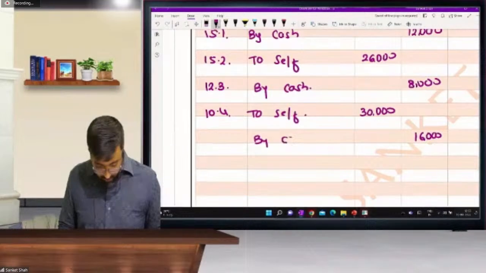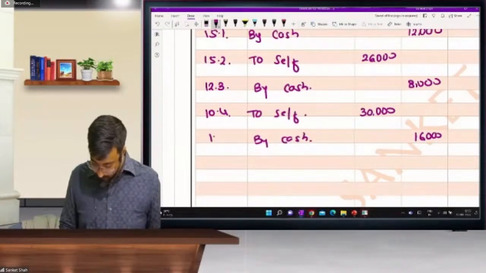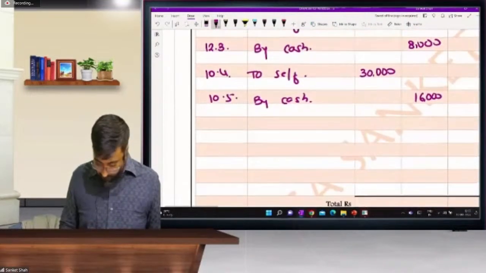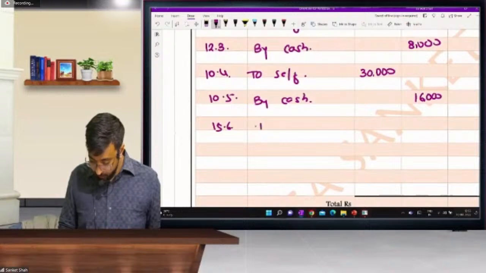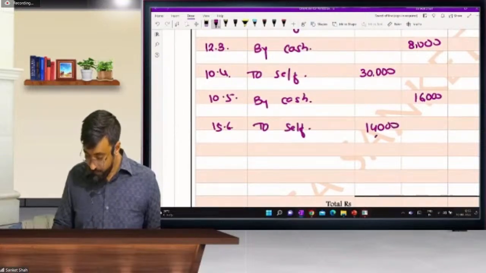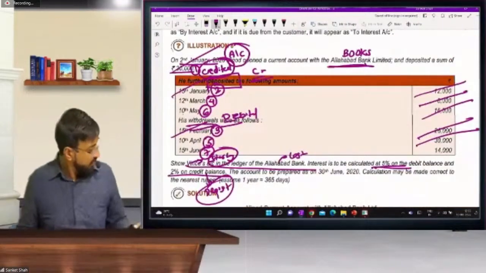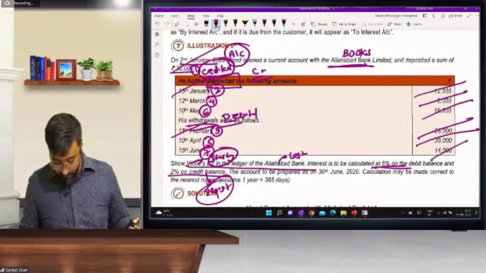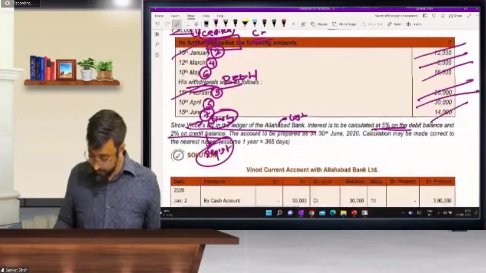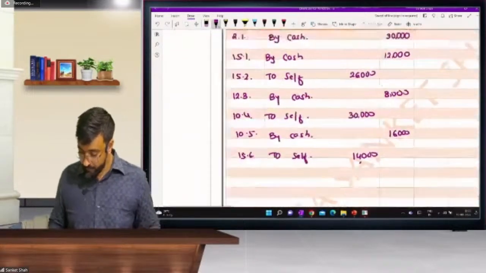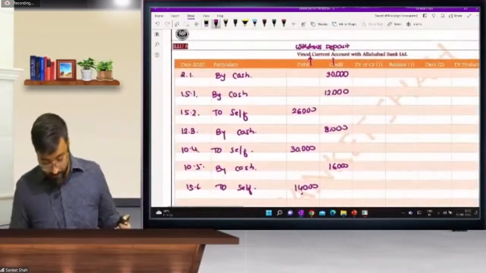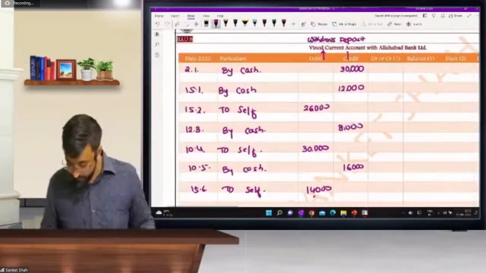By cash and 15 June to self 14,000. Correct है? Credit.